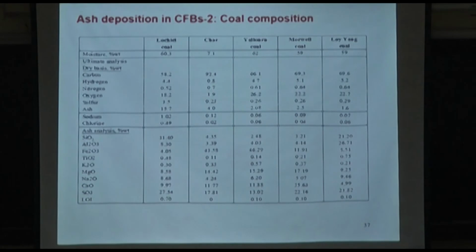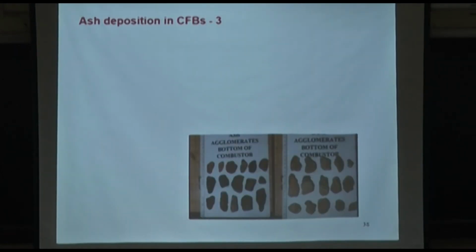So why did it fail? We sat down and did all sorts of analysis. The bed material there was sand. So we tried bed materials with sand and bed materials with alumina, because we know that they are good ones.